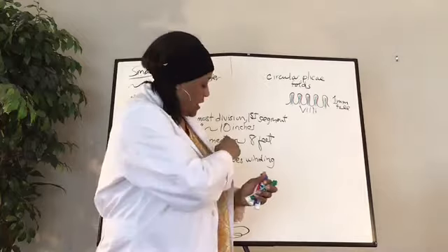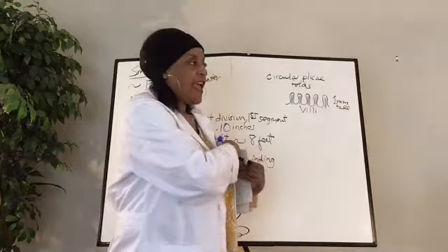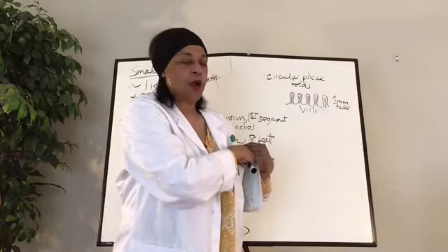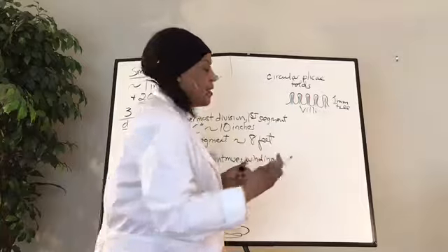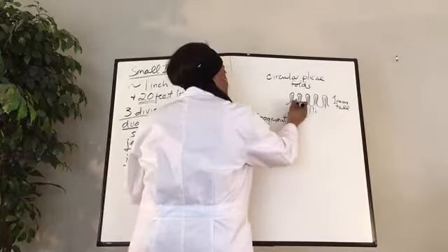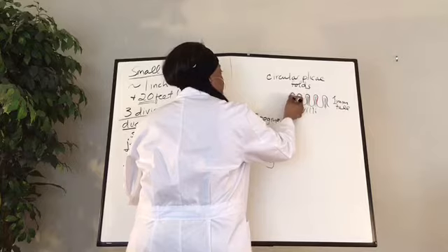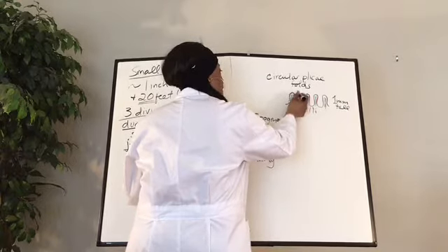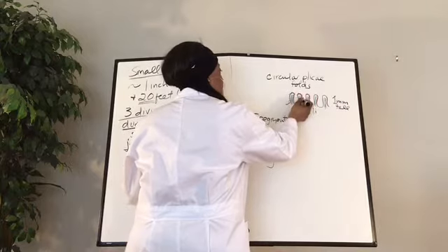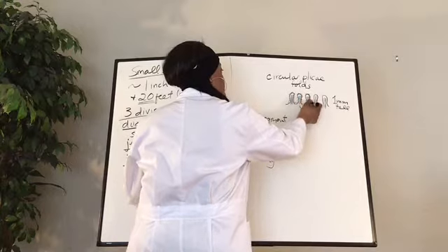The other interesting thing about these villi is that they have even more projections to increase the surface area. And that's these little things on them, like this, called microvilli. Now with these, you can't really see them. You need a microscope for these.